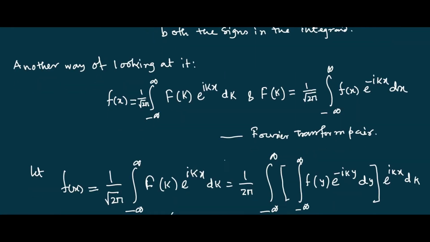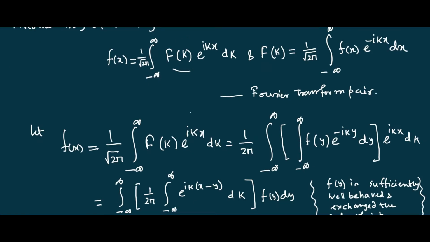This is a Fourier transform pair, and I put f(k) here. So f(x) equals 1/√(2π) integral from minus infinity to plus infinity, with another 1/√(2π) integral, changing the variable to some variable y, f(y) e^(−iky) dy, and the whole thing there is e^(ikx) dk. It is clear, I think.